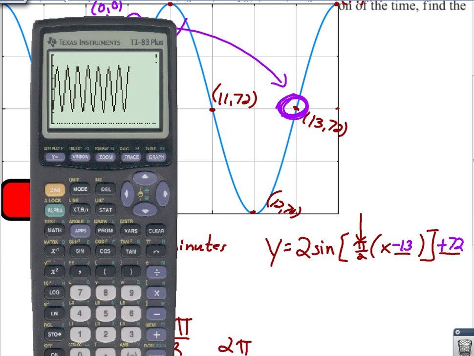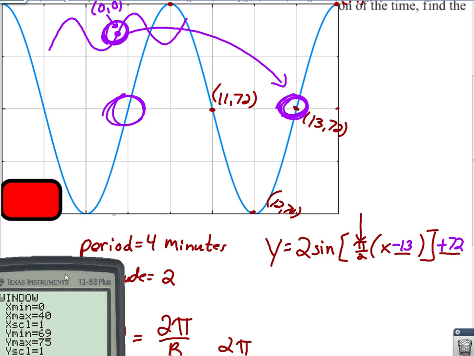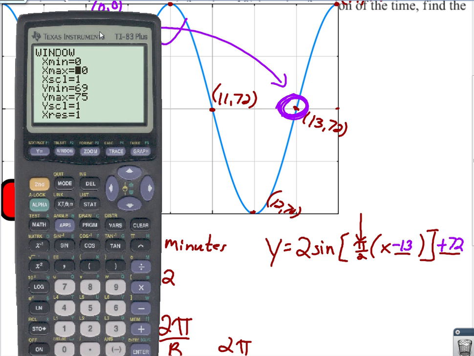So 0 to 40 radians. Now I'm getting actually too many. Let's cut that down now. Let's go from, we had maybe 10 to 15. That probably looks better. I changed my x. So 10 to 15.